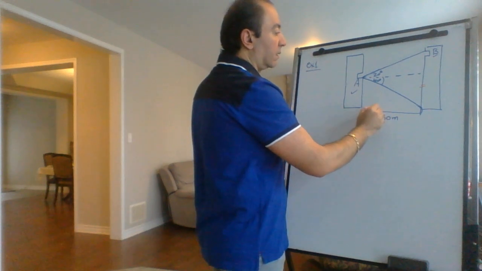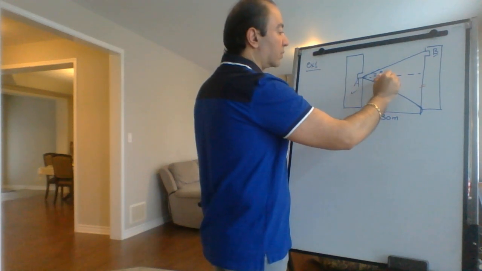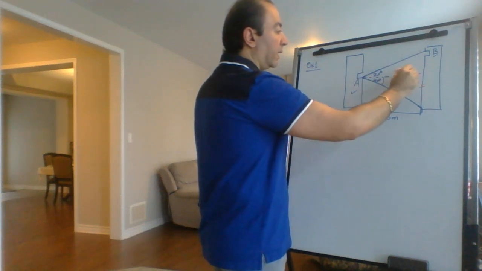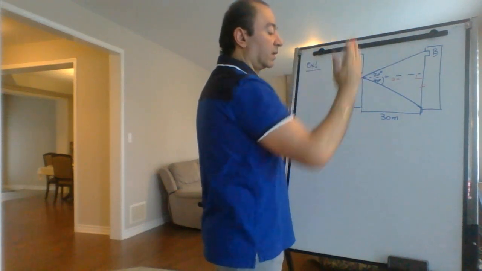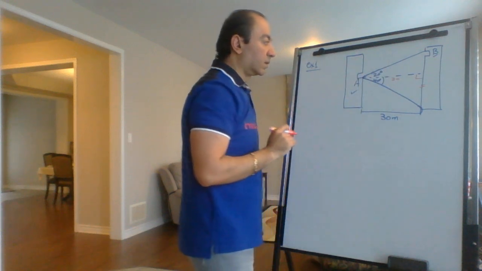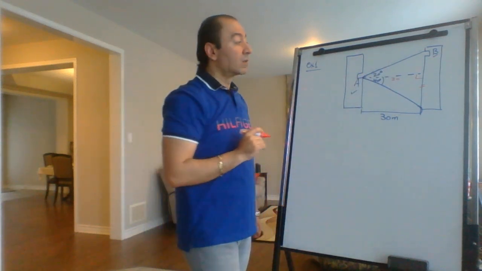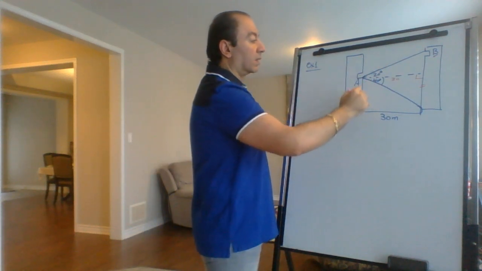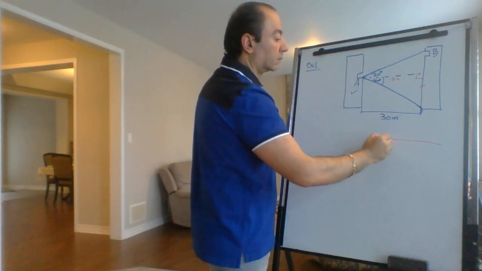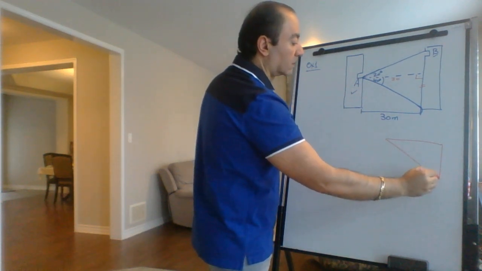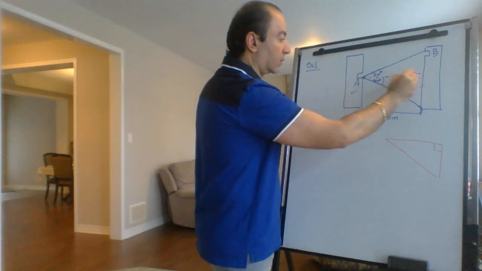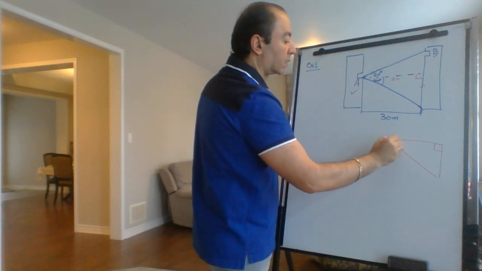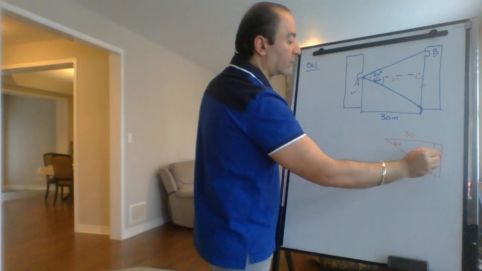If this is 30, that means this horizontal line is also 30. And this is a right triangle because the building makes a right triangle with the horizontal. So now if we look at this right triangle, 40 degrees, 30 meters. We need to find this side.